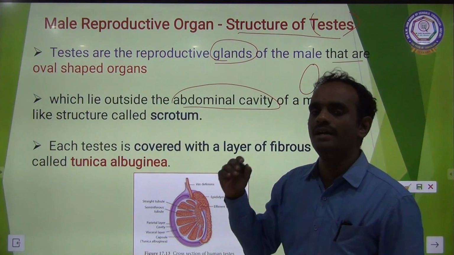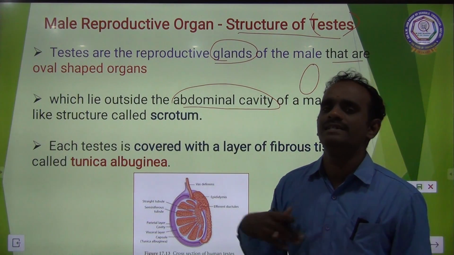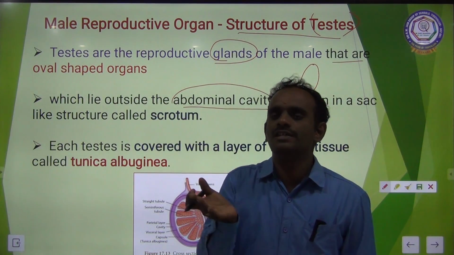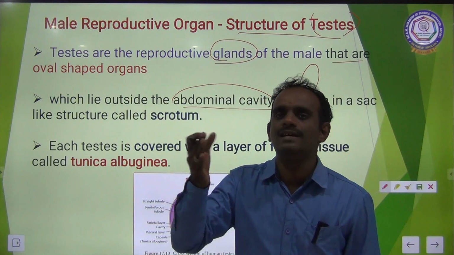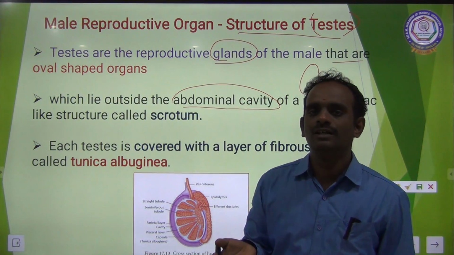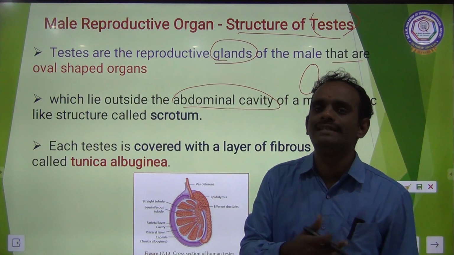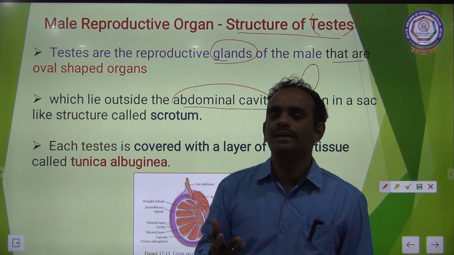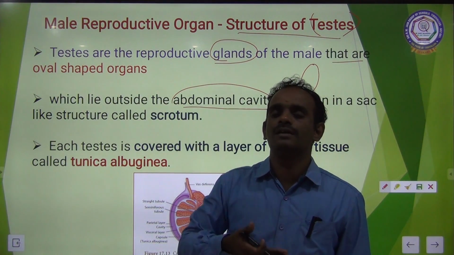You already heard the words thoracic cavity and abdominal cavity. What is the difference, children? The thoracic cavity is also called the rib cage, the part above the stomach.